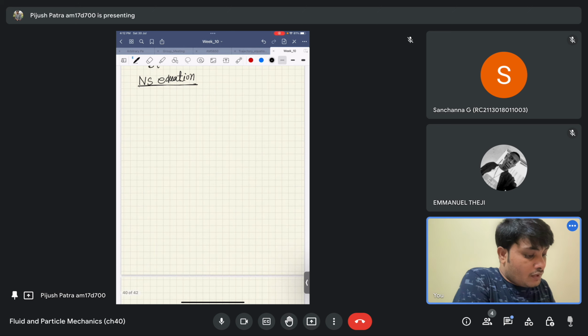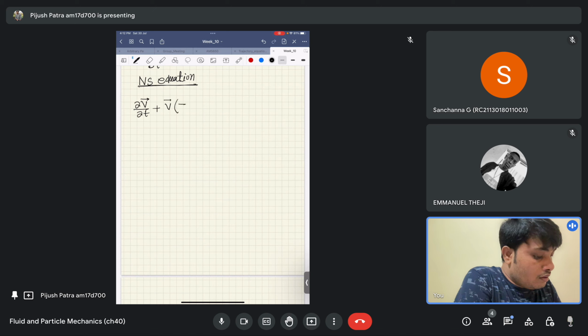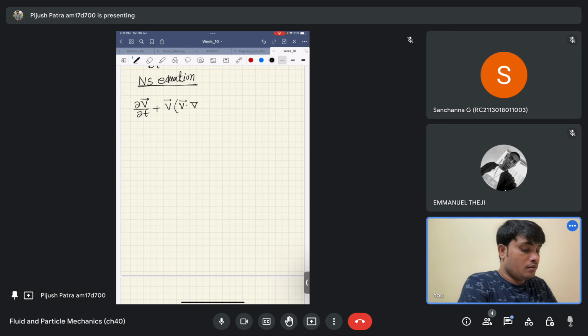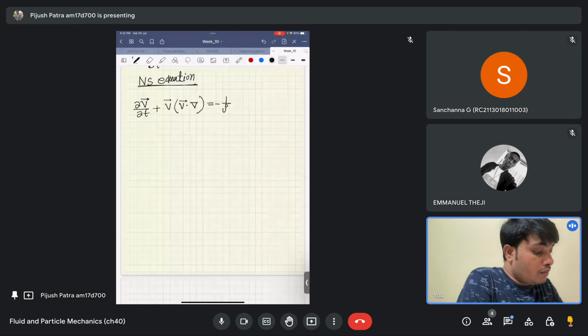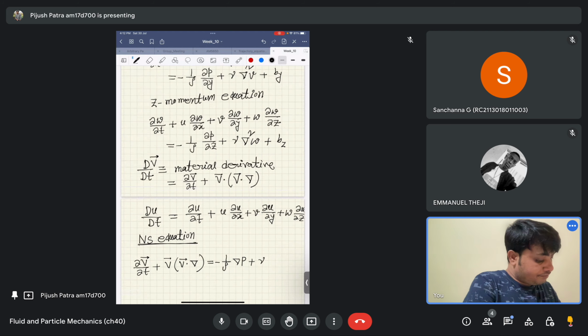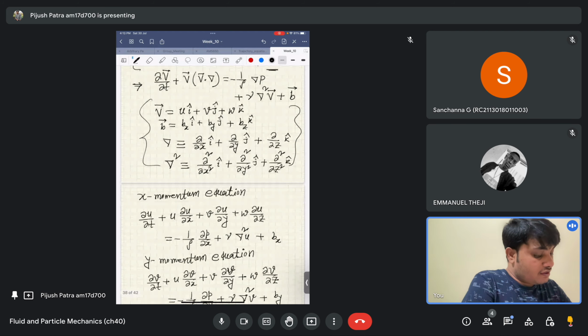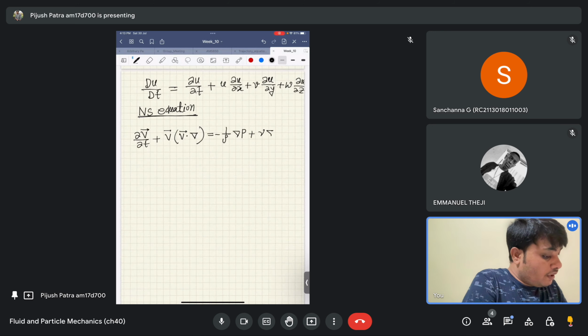It looks like this: ∂v/∂t plus v dot del, where del is the nabla gradient operator, is equal to minus 1 by rho gradient of p plus nu, the kinematic viscosity, times the Laplacian of v, plus b.